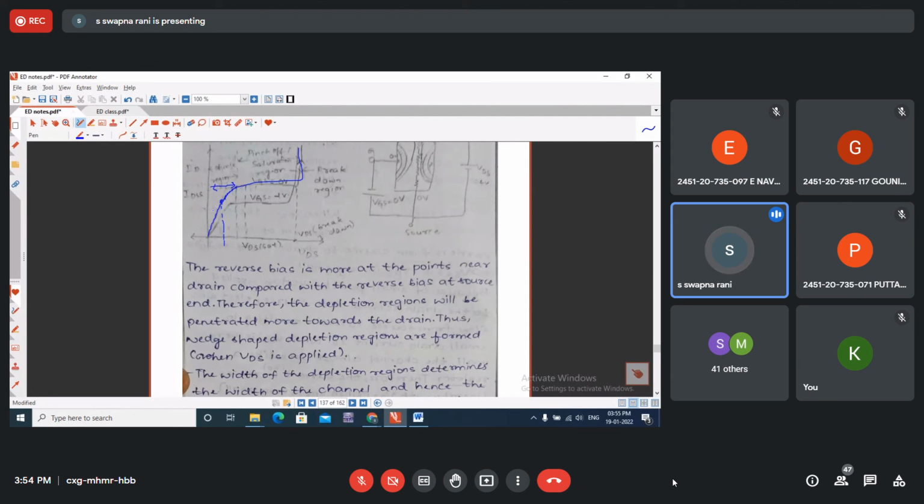The region over which current is increasing linearly with voltage: initially, for smaller voltages of VDS, the channel acts like a constant resistor.